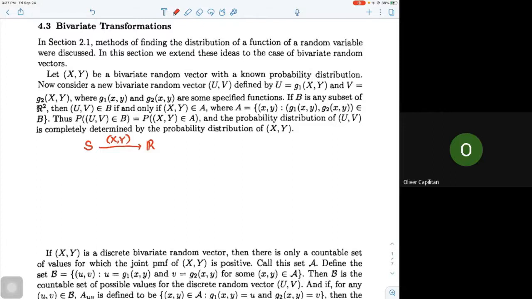So if we have an outcome w here in our sample space S, then it has an image in R square, which is actually X of w and then Y of w.